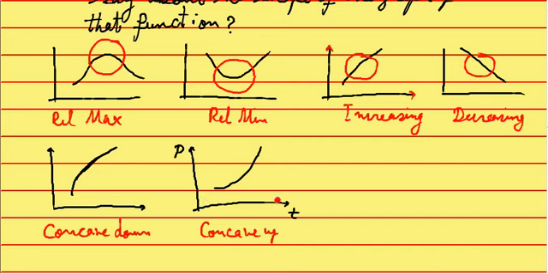Same thing could happen for a function that was decreasing. Let's go draw some pictures related to that. You could have a function that is decreasing in this style, or the function could be decreasing in this style.